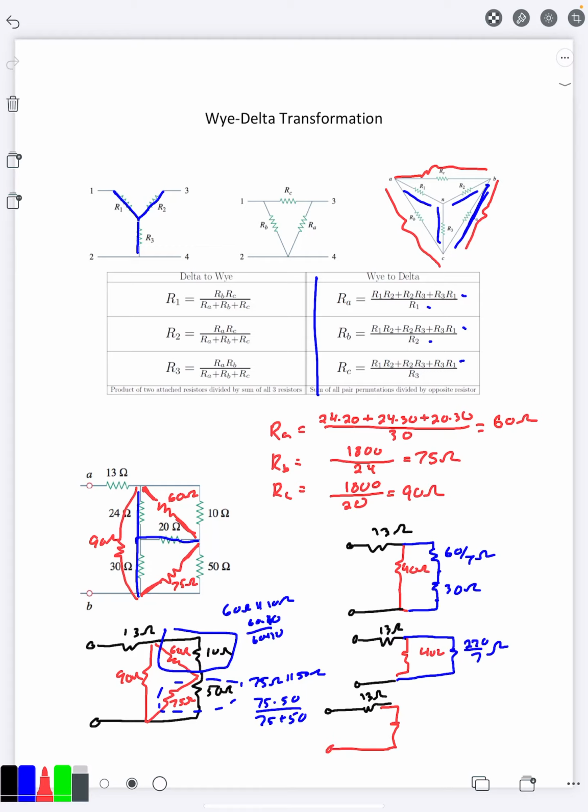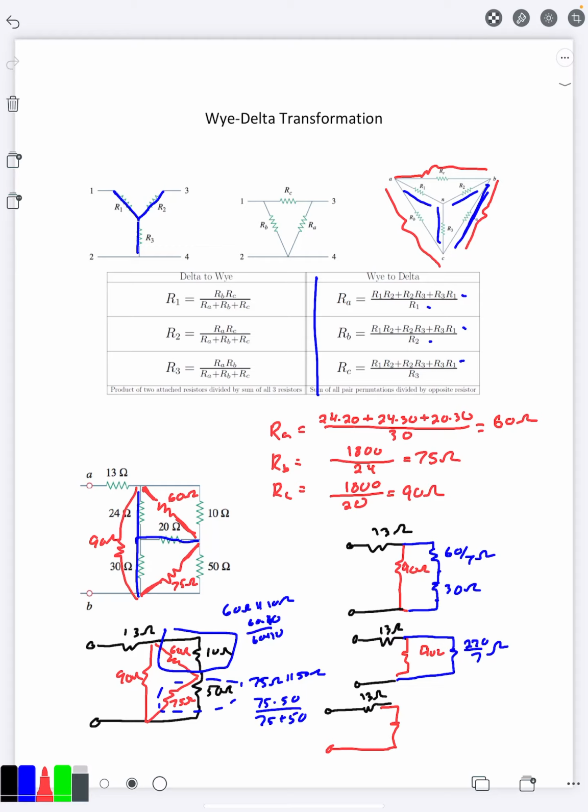I think this will actually work out nice, but we'll find out. 270 sevenths times 90 divided by 270 sevenths plus 90. Sorry, I first said 40, but it's 90.